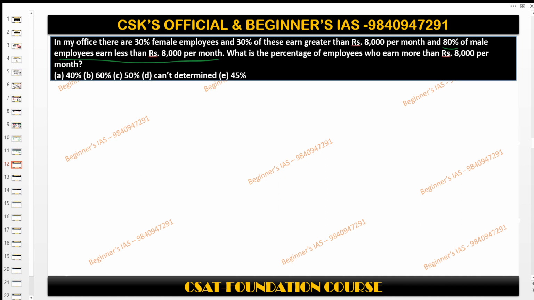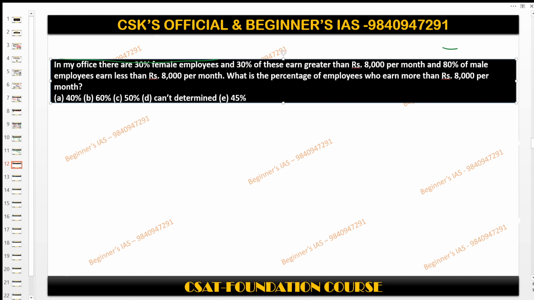Read this statement. 80% of the male employees earn less than rupees 8,000. Then will you take the remaining 20% of the male employees as earning more than 8,000? So you are taking it in that way.